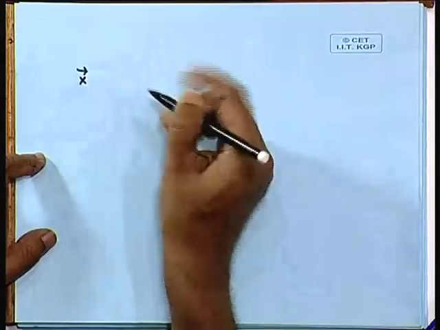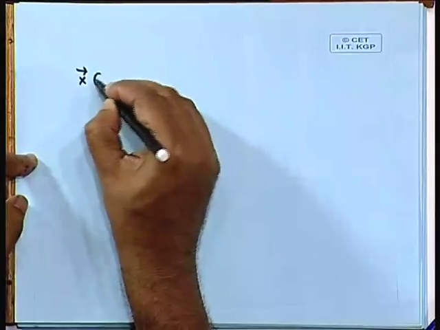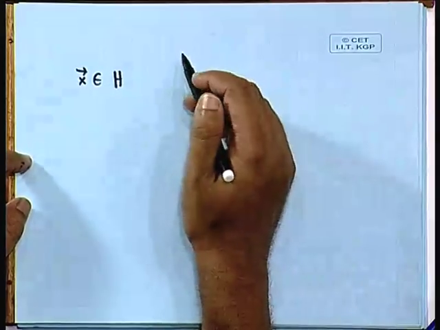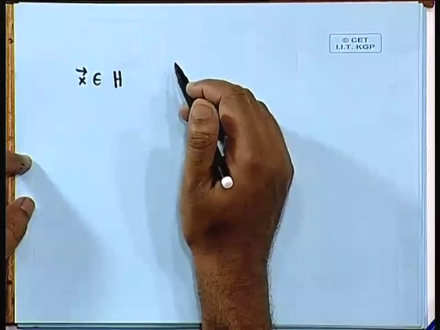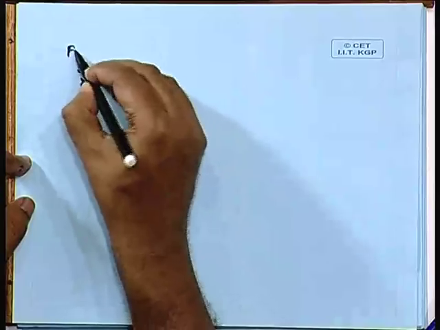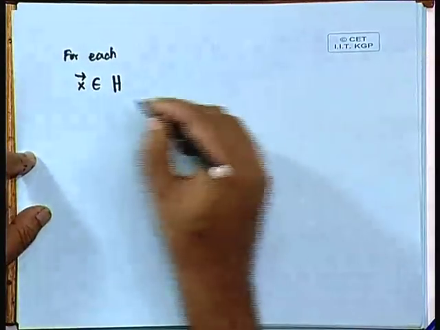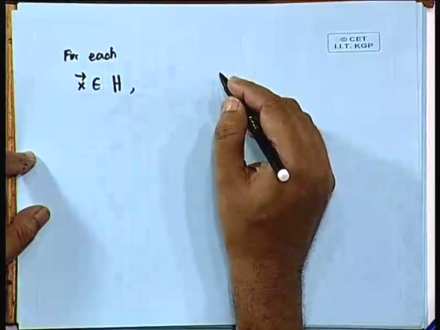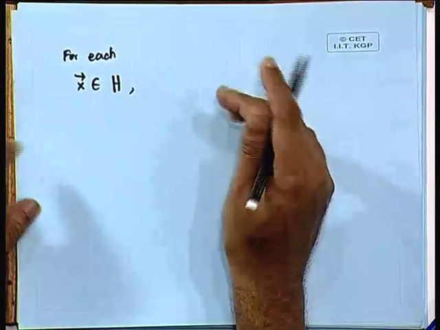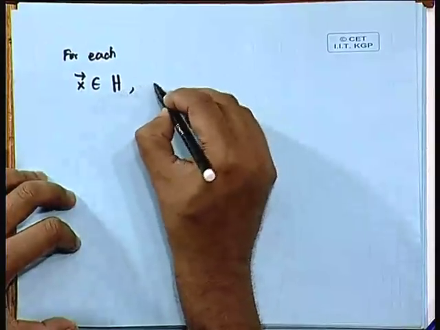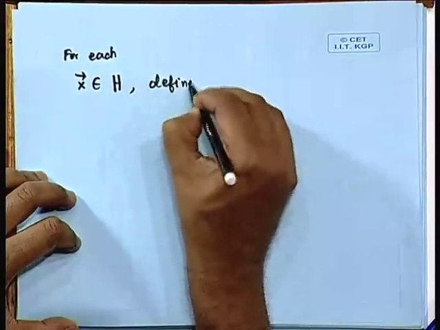Now, let us take a pattern X, a vector belonging to the set H. For each X belonging to H, let us define a vector which is made up of a set of real valued functions.